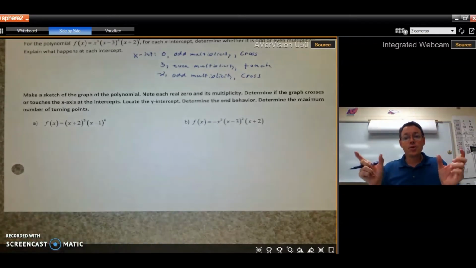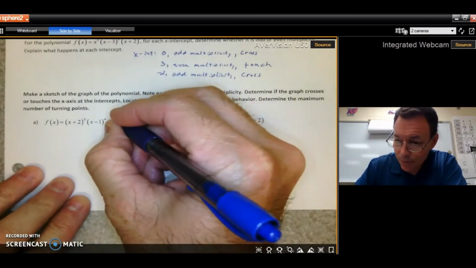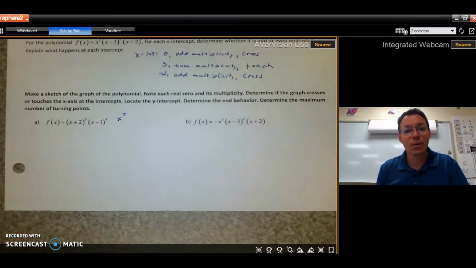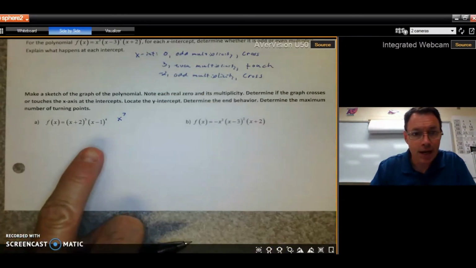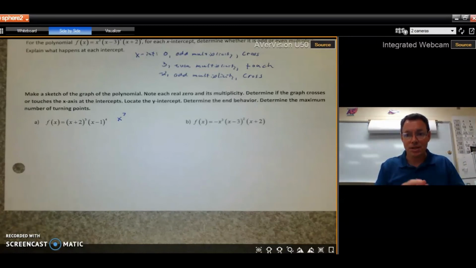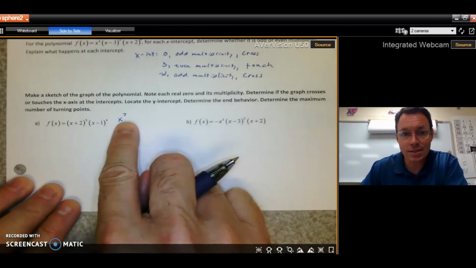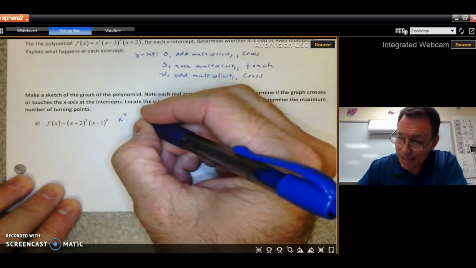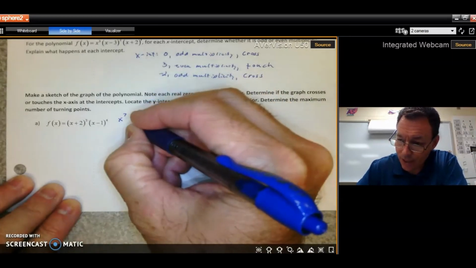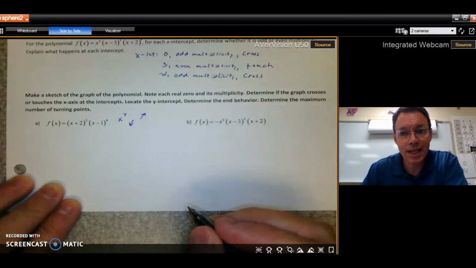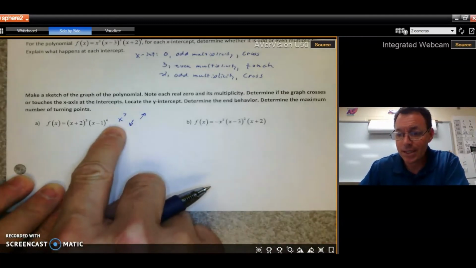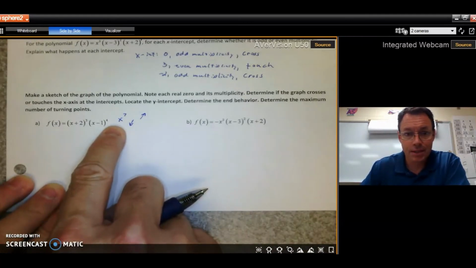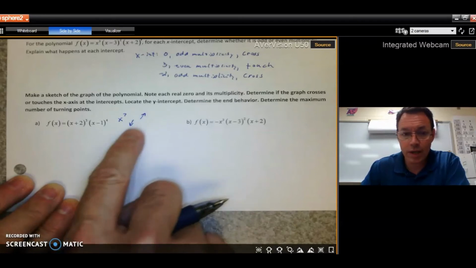But then those would end up getting multiplied together as well, so you would end up with an x to the 7th. If I were to multiply that all out, I would have an x to the 7th plus whatever, okay? But that's what I need to know, that x to the 7th. That tells me that the ends of this graph are going to go that way and that way. Okay, odd power, it's a positive x to an odd power, so that's the way the ends of my graph are going to go.